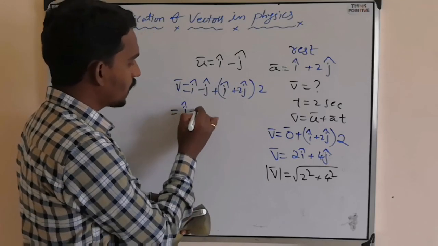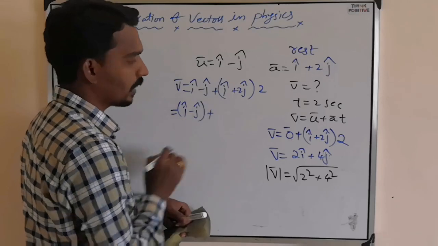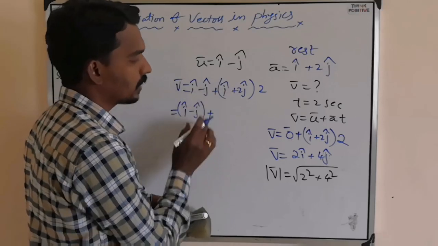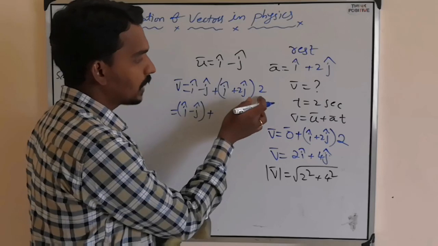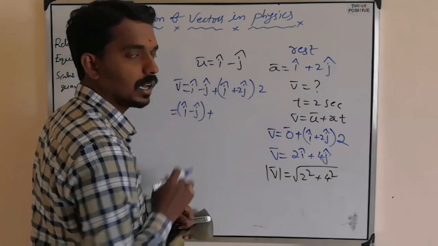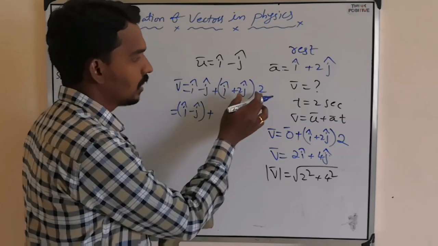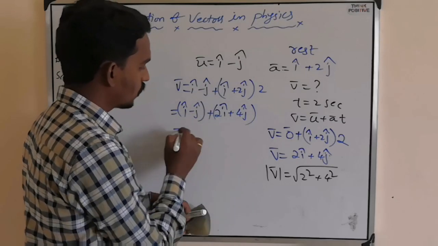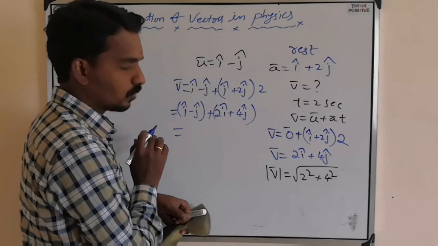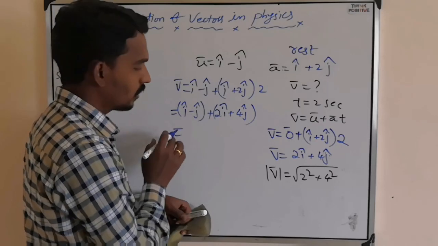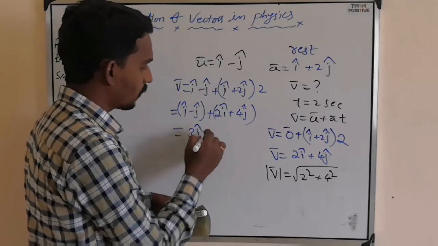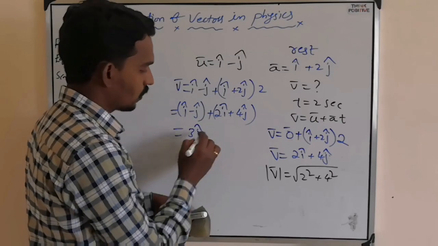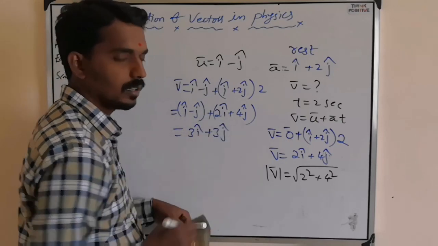Then i cap minus j cap is the initial velocity vector, plus this is multiplication of a vector with a scalar, which we have studied already. So 2i cap plus 4j cap, so 1 plus 2, 3i cap, minus j plus 4, so plus 3j.